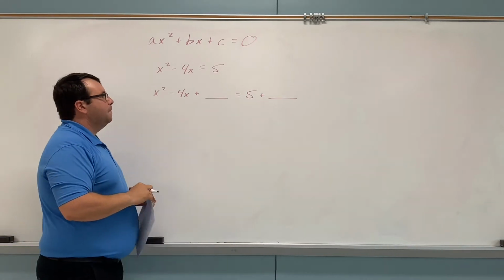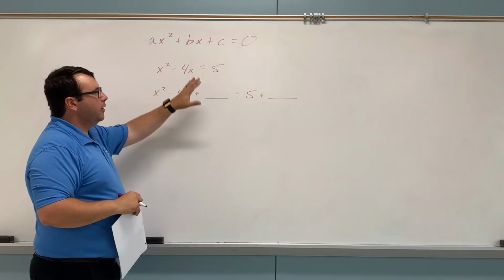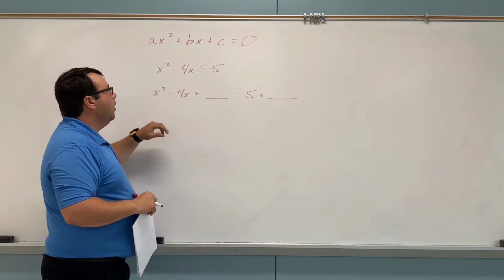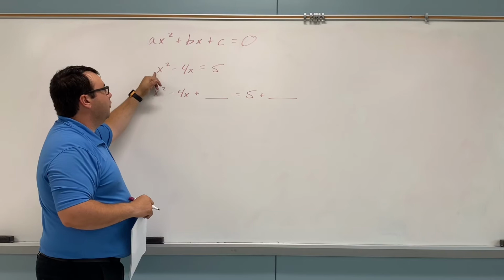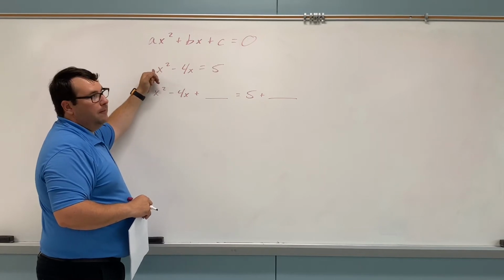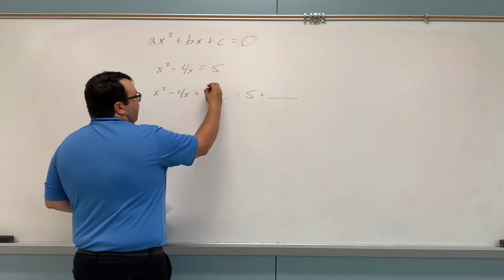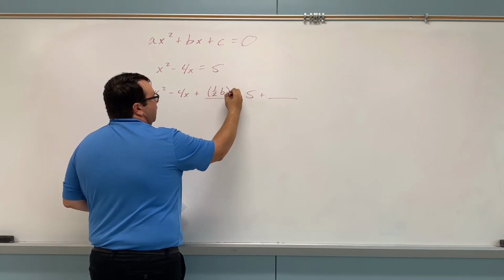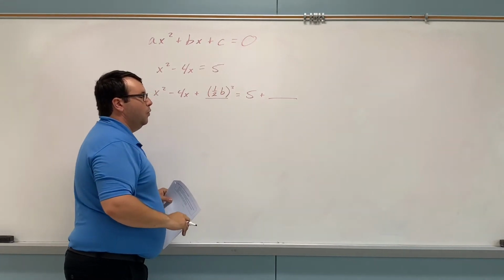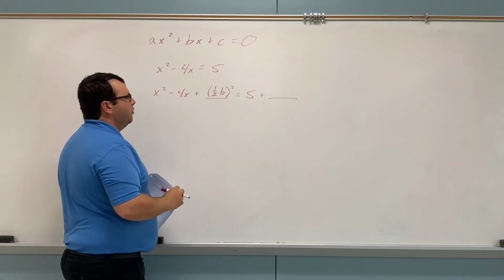Check this out. For this completing the square to really work, what I'm going to do is make sure that my coefficient value on this leading term, this x squared, is 1. I am then going to say that my mystery term is 1/2 b squared. What do I mean?